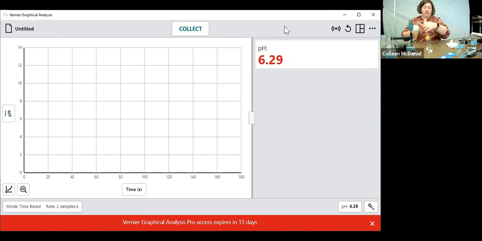And I'm going to take just 10 milliliters of distilled water and fill that up. So I am ready to go once my pH reaches its equilibrium, which it's getting close. Some more swirling to make sure I get there.